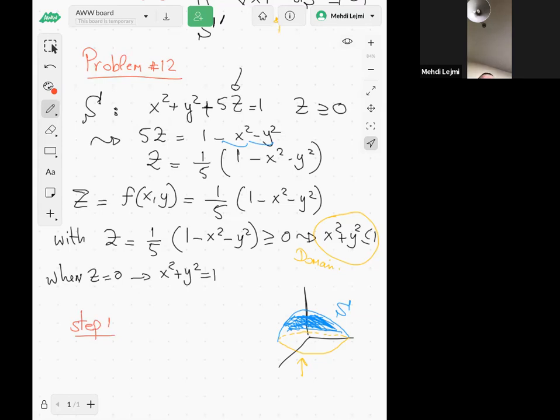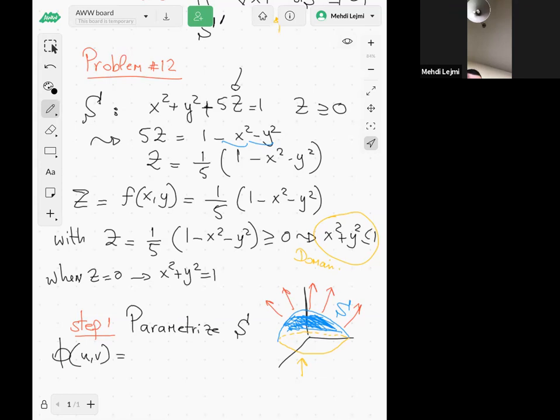Oh yeah, I forgot to say, this S is oriented by upward normal, so that would be this normal here. It's upward. All right, so let's parameterize S as usual. This is the graph of a function.